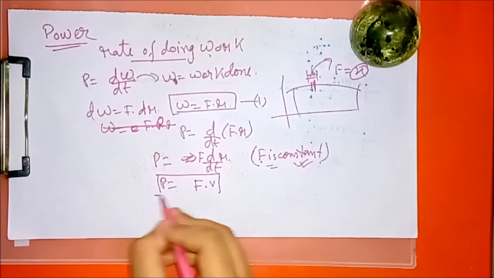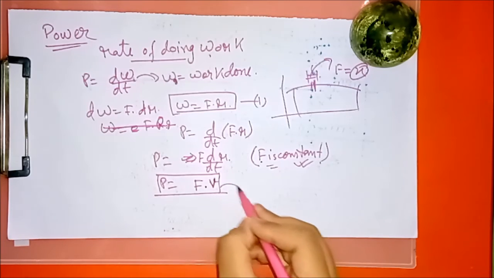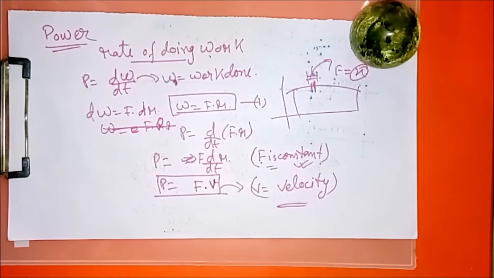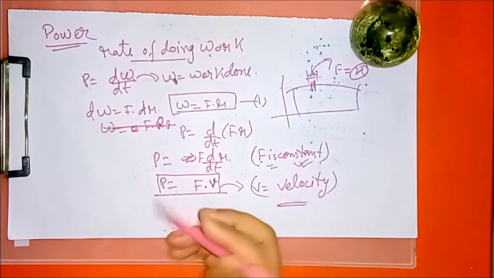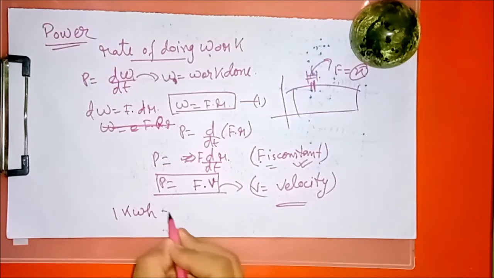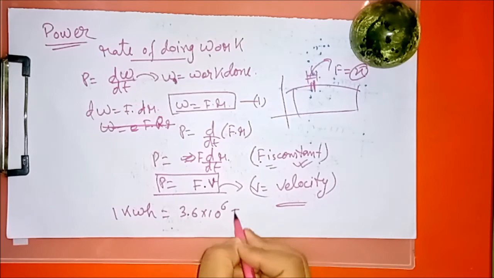This will be equal to F dot v. This is the fundamental formula of power, that is power is equal to force into velocity, where v is velocity. By this we get some common units of power, that is our normal electrical unit, 1 kilowatt hour, which is equal to 3.6 into 10 to the power 6 joule.